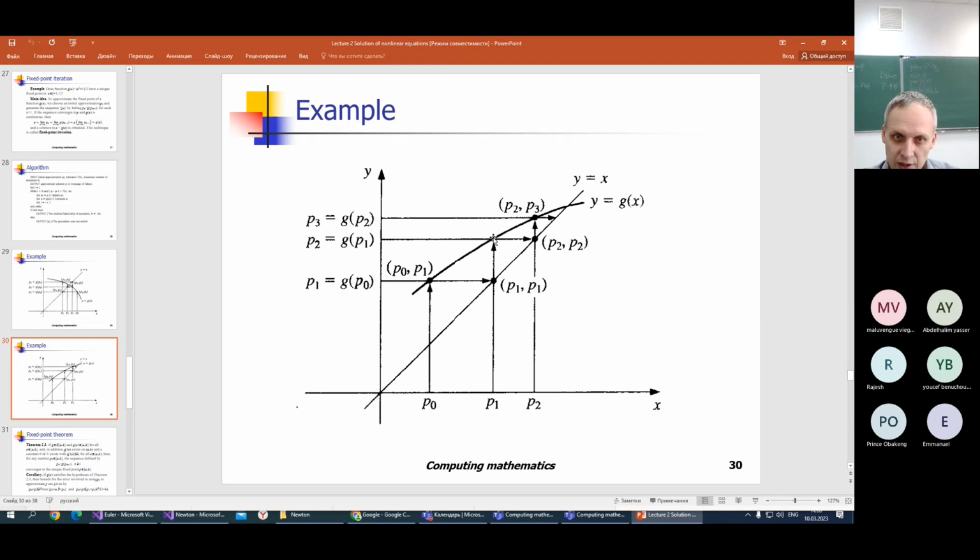And the method generates a point that moves closer and closer to this point of intersection. But the graph of movement looks like stairs that converge to this point.